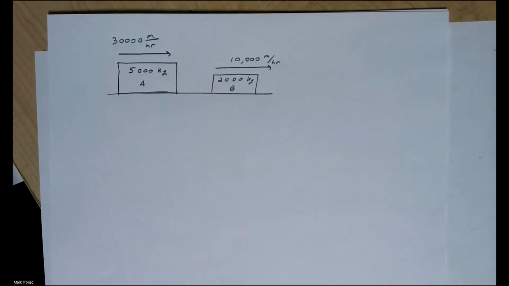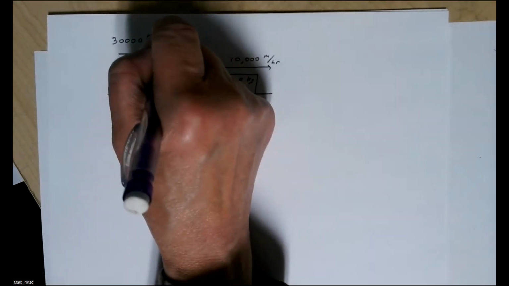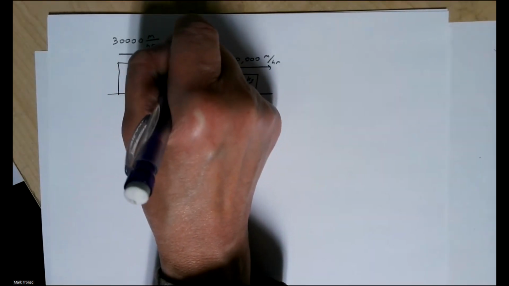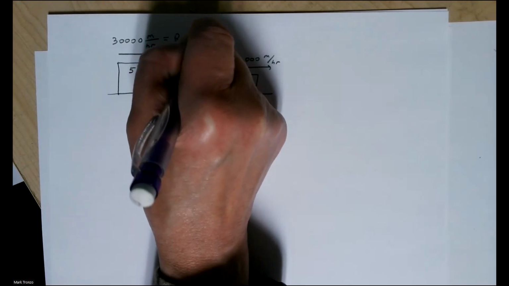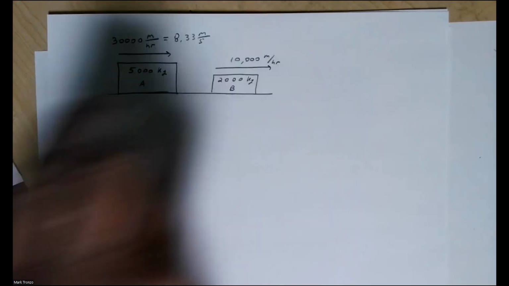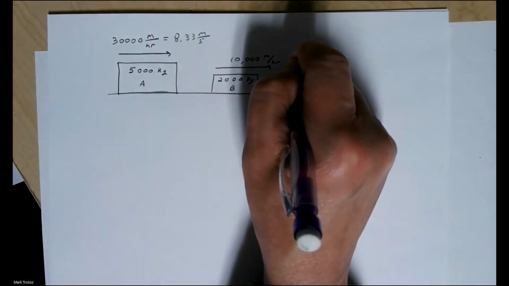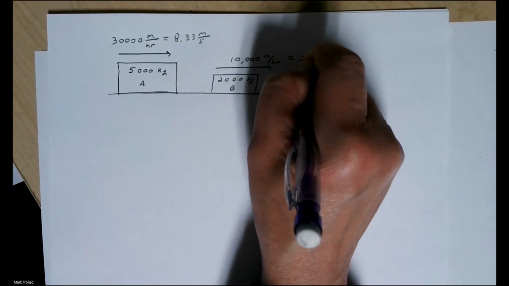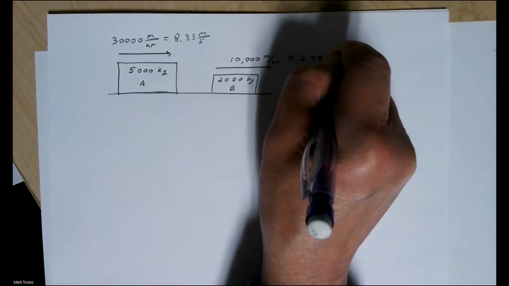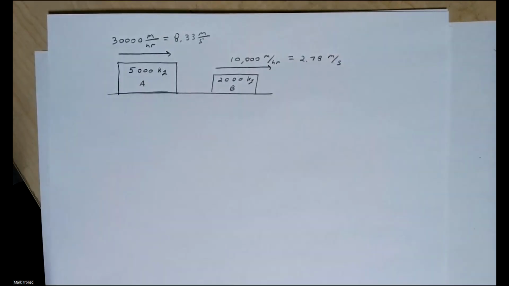And if we divide that by 3,600, we get 8.33 meters per second. And the car's speed divided by 3,600 gives us 2.78 meters per second.